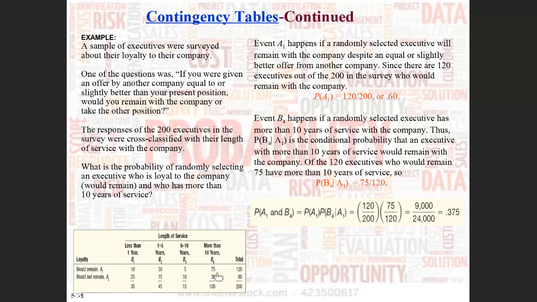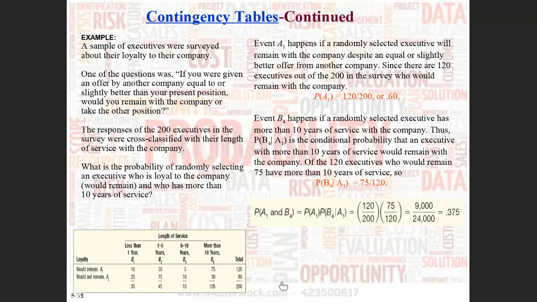And you have 75 people saying they would remain. So what is the probability of that condition where an executive who has 10 years of service would stay with their company? Remember how you do it. The numbers are there. So what do you have to figure out? Can someone tell me?